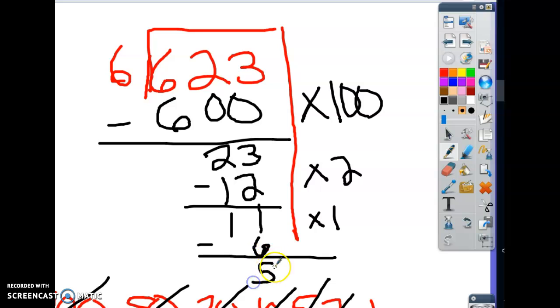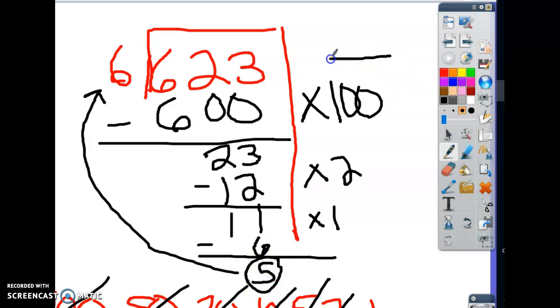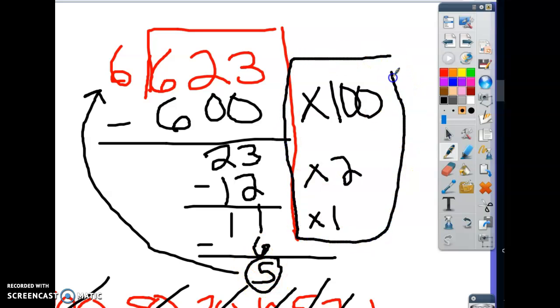Good, 5. So can I stop right there because I noticed that 5 is less than my divisor. So that means I have to stop. This is considered my remainder. So I need to add up my friendly numbers and figure out what my quotient is. So 100 plus 2 plus 1 is 103. The remainder, 5. So that would be my answer.